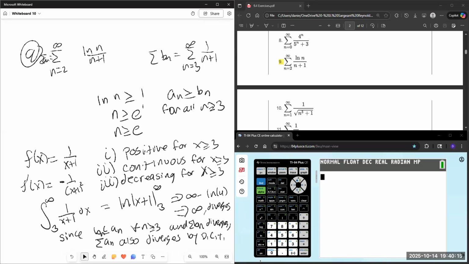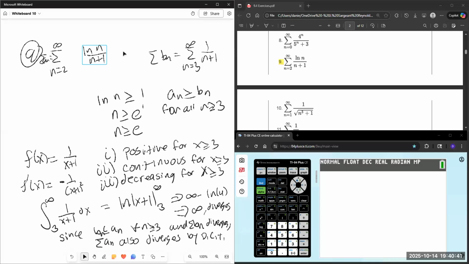So if I were trying to compare this to a P series, I might try to make some multiple of 1 over n to see if I could get this to always be smaller than ln of n over n plus 1.